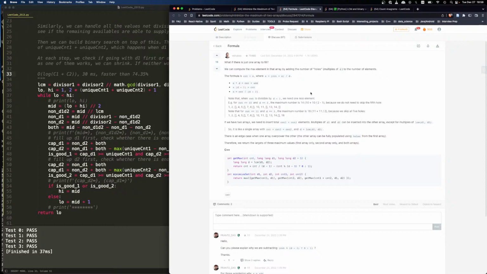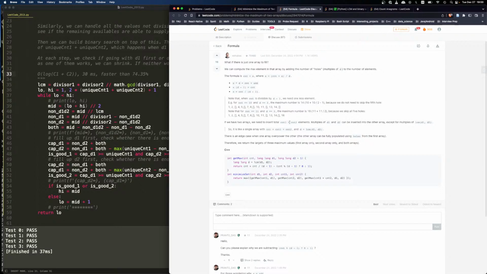Max element in an array by adding the number of holes. Trying to understand.